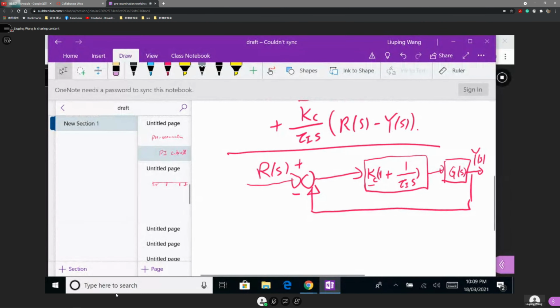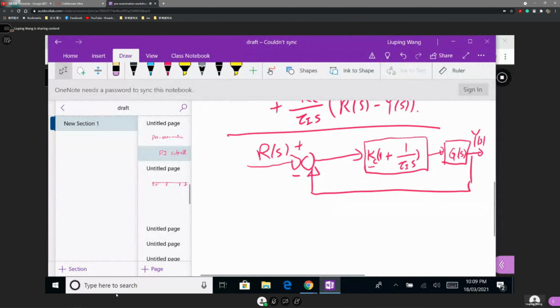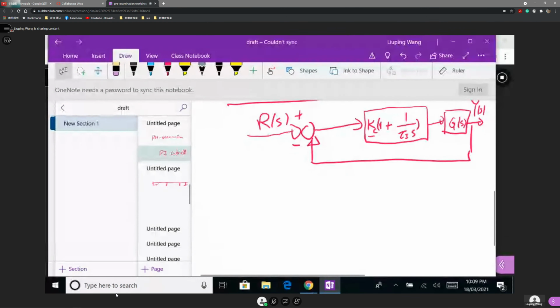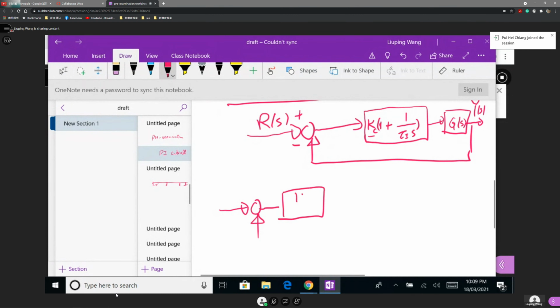We can also use a different implementation. We can put the proportional part in the output feedback only, but the integral bit always has to be on the main path, with 1 over tau I s.